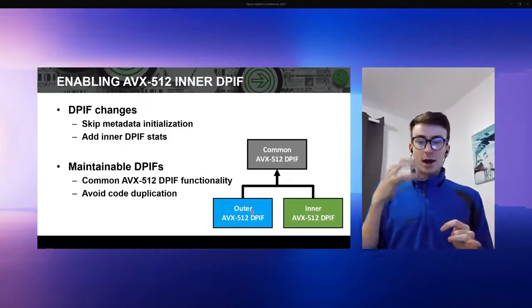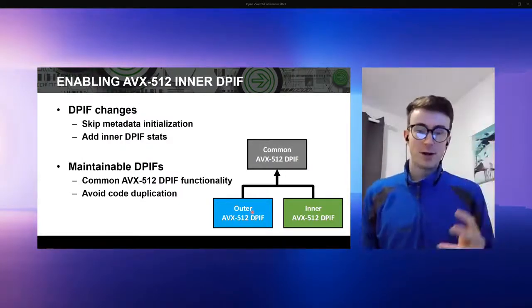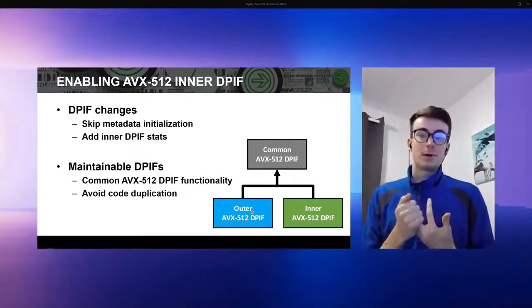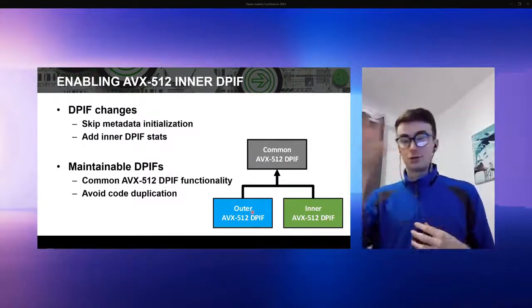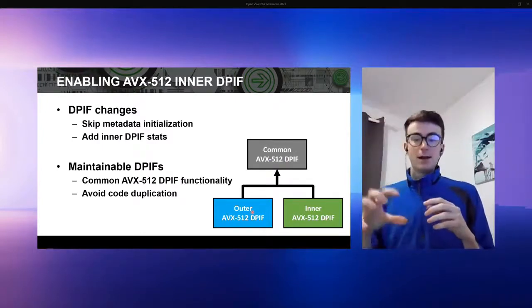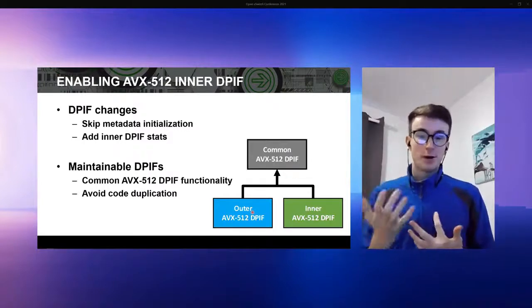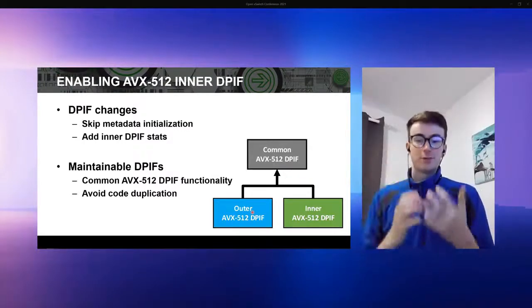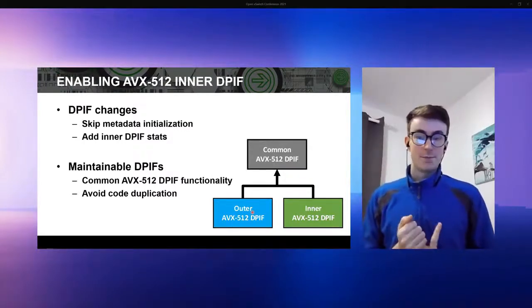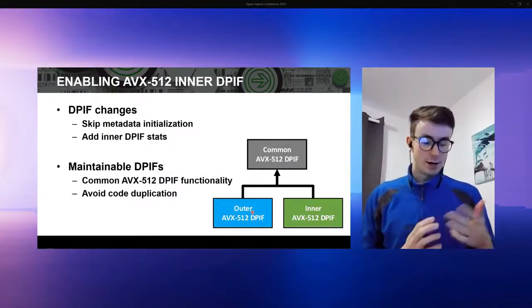And these pass constant values to the common function, and for example, it might say recirculation equals true or false. And then the common function is inlined into these two wrapper functions. And because that's constant and known at compile time, those branches can be compiled out basically. So we avoid those extra branches, which are in the C code.